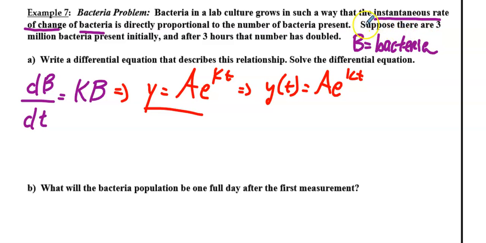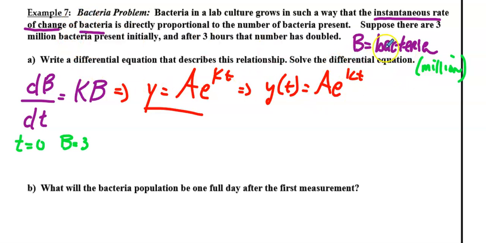So it says, suppose that there are 3 million bacteria present initially. So what does that mean? That means that at time equals 0, there are 3 million bacteria. Now, I'm going to go ahead and just say that B is going to be represented in millions of bacteria, because I'd rather deal with a 3 than a 3 million.